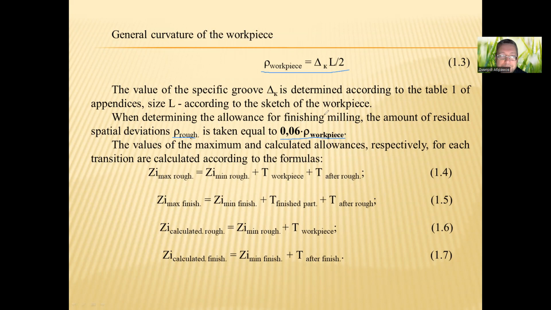So rho workpiece is equal delta k multiplied by L divided by 2. It's formula 1.3. And rho for the finishing transition is equal to 0.06 multiplied by rho workpiece.